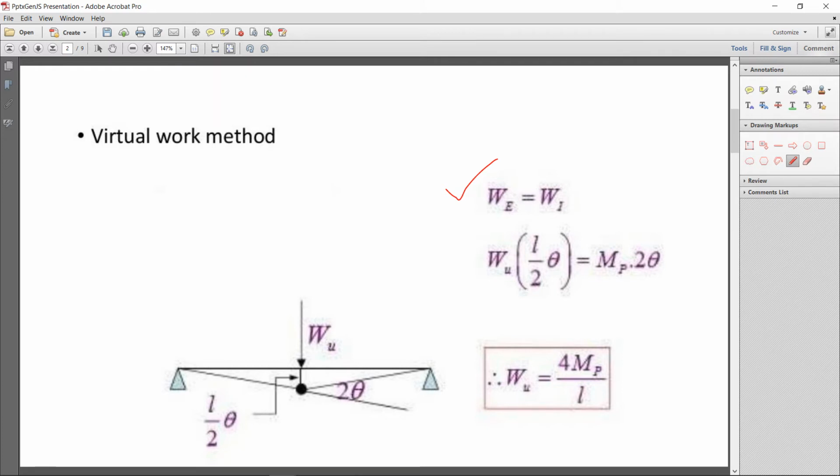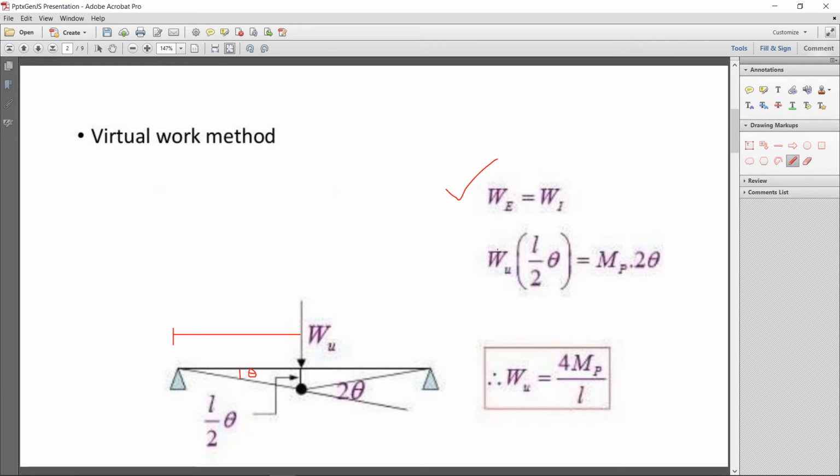Here the length is L by 2 of the beam, and when the failure mechanism occurs, the beam will collapse and definitely there will be some theta. If you know this theta deflection and the length of the beam, then you can get the height. Just multiply theta with L by 2, you will get this deformation, that is L by 2 into theta.